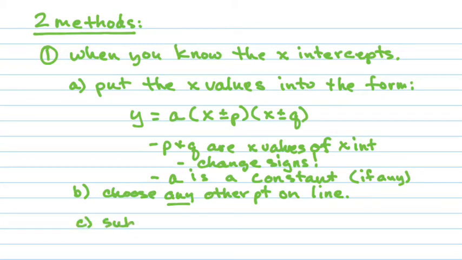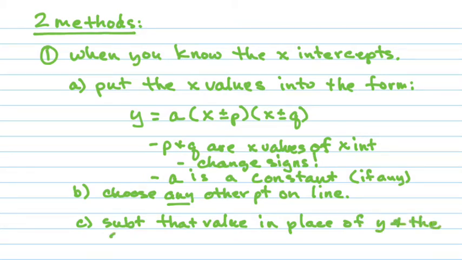Then you're going to substitute that value in place of y and the 2 x's, usually, unless one of them's fallen out for some weird reason, and solve to get a.